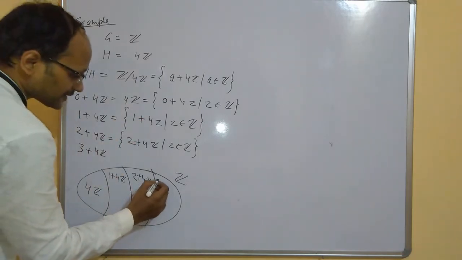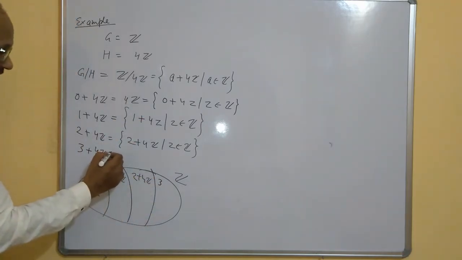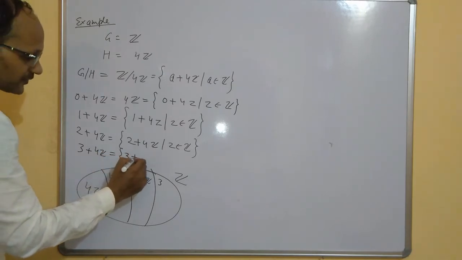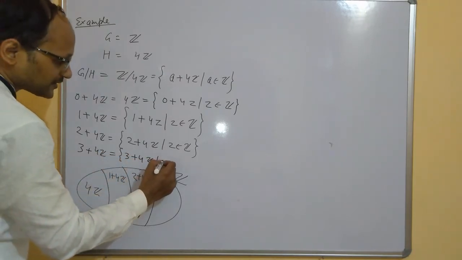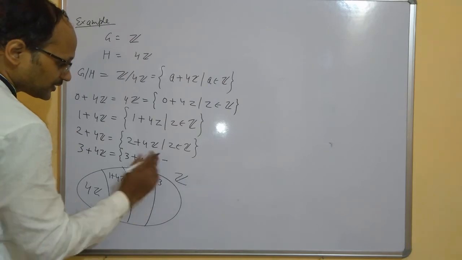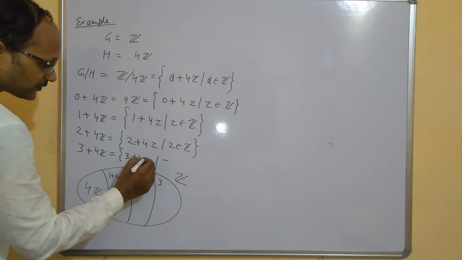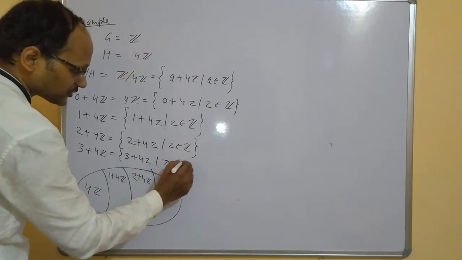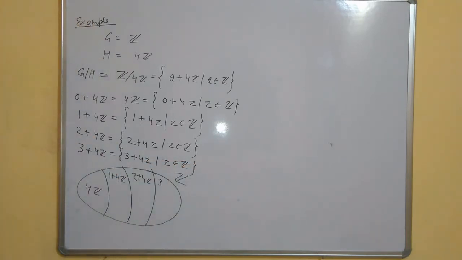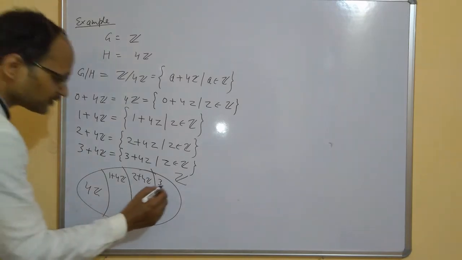So 3 is outside this set, so 3 we have taken. So 3 plus 4z such that z belongs to Z. So this is a new coset.